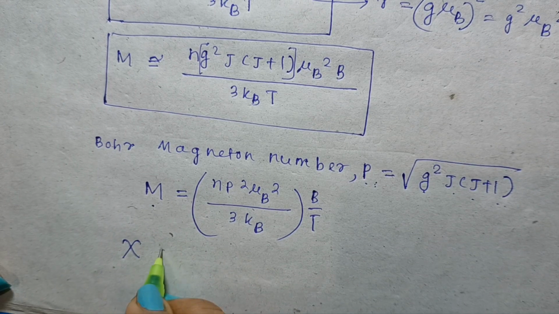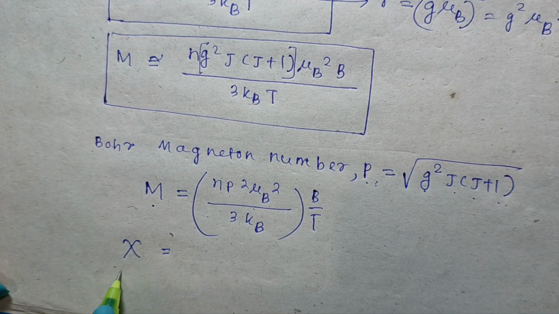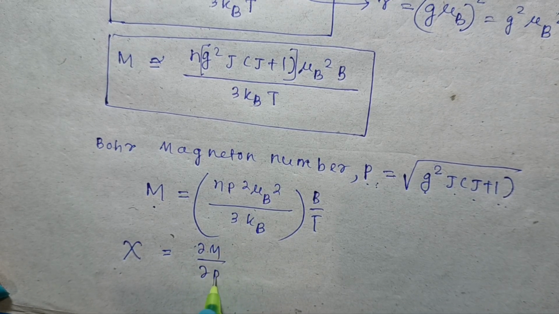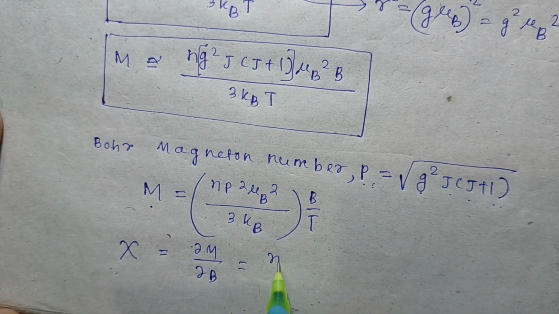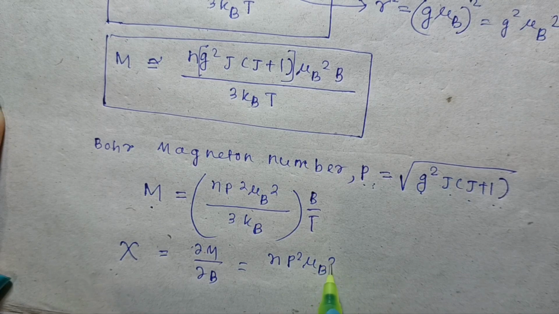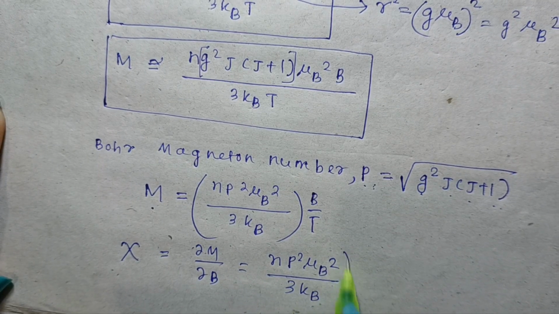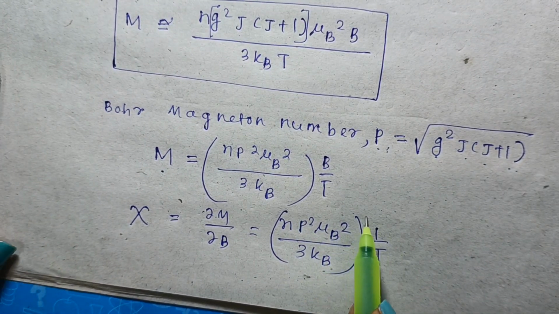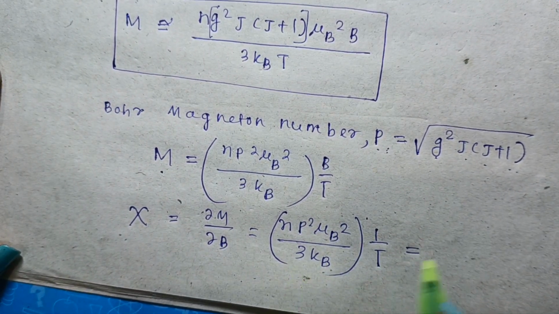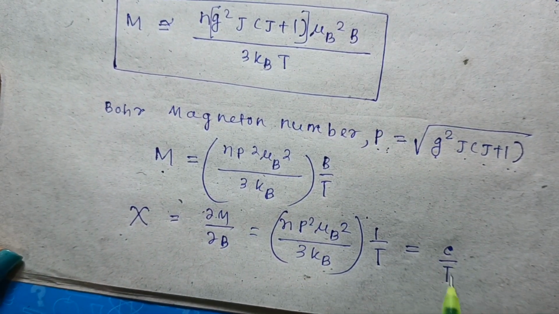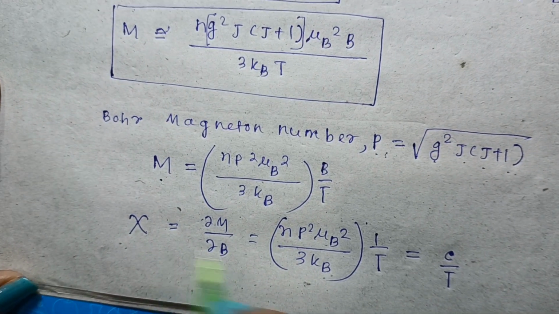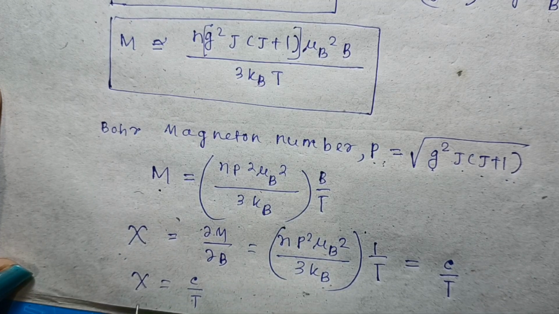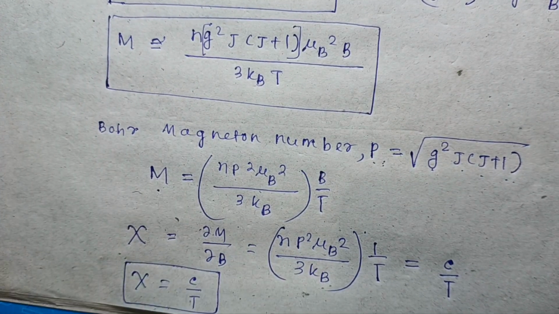Now we are finding the value of susceptibility. Susceptibility is nothing but ∂M/∂B, right? So it will be N P² μB² divided by 3 kB, times 1/T. So this whole thing can be represented by C, and this is C/T. So here χ is equal to C/T.